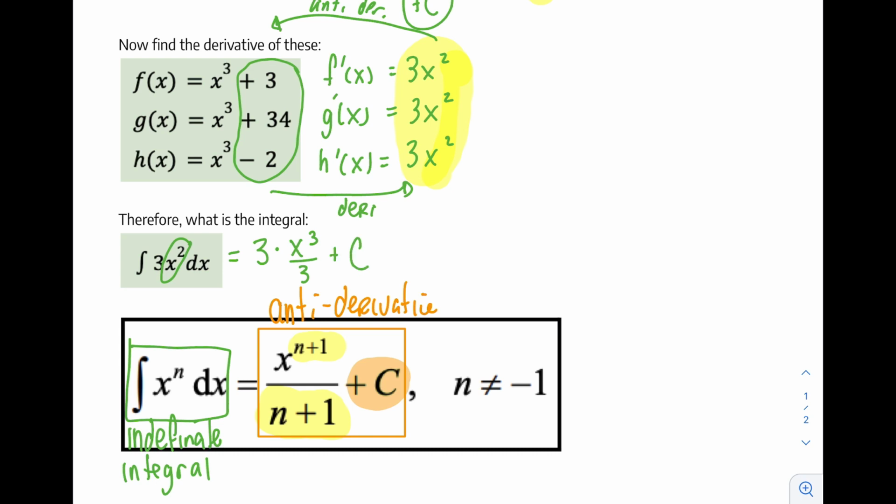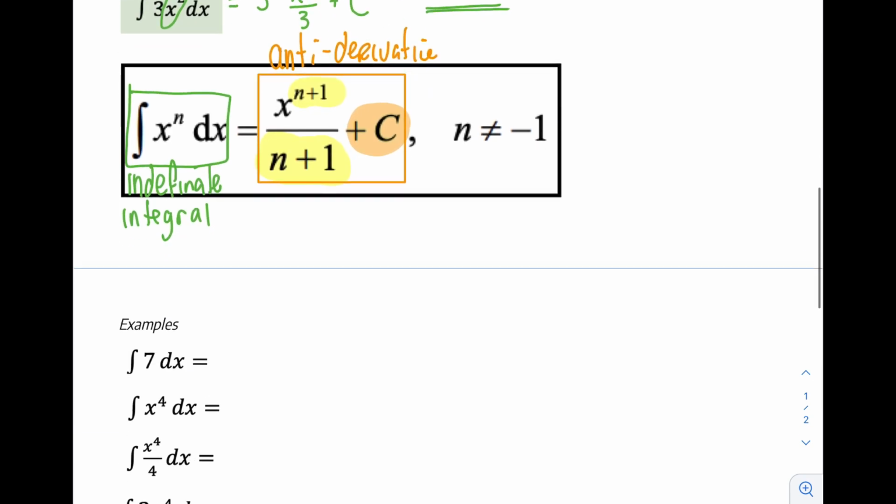Once the integral symbol and dx are gone, that means that we've already integrated, and then we have to add that plus c. And of course, we can simplify this, and the 3's are going to cancel out, and we're left with x cubed plus c. And that's going to be the antiderivative here.